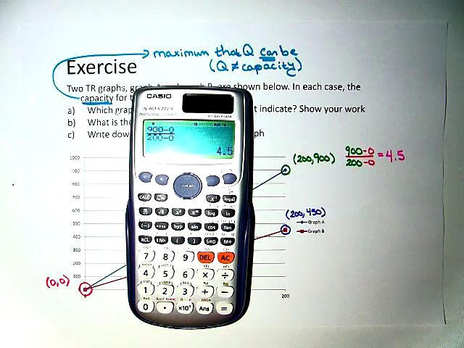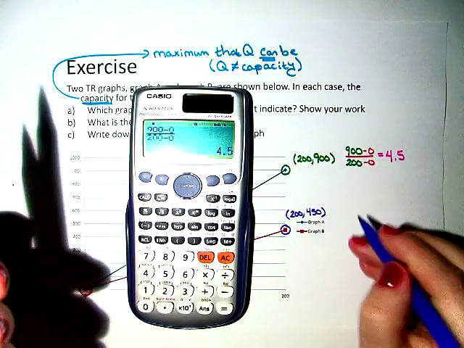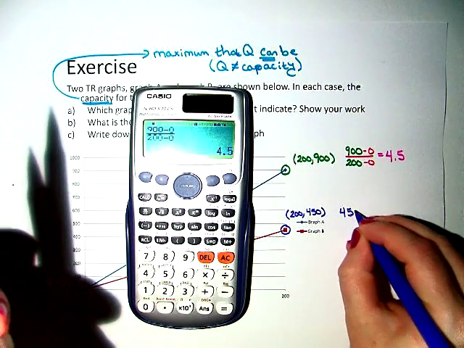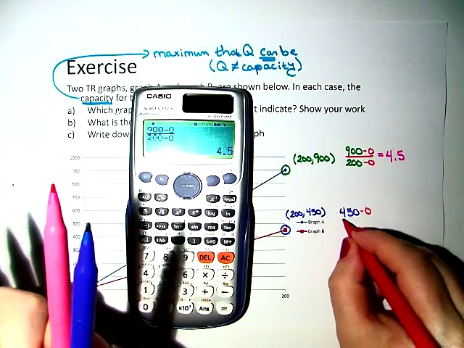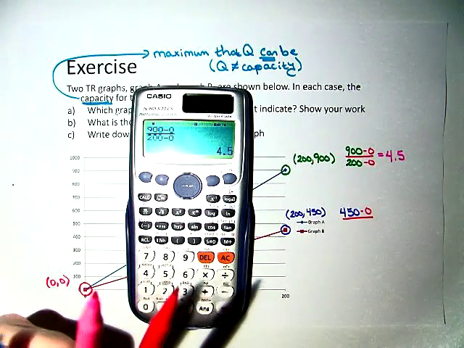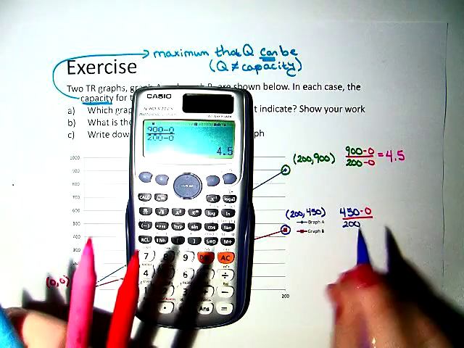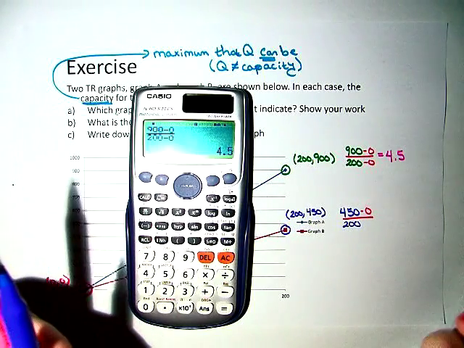All right, well here the slope changes. So we have 450 minus 0 over 200 minus 0.